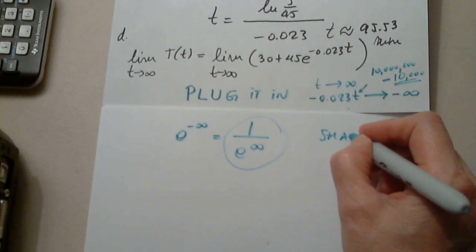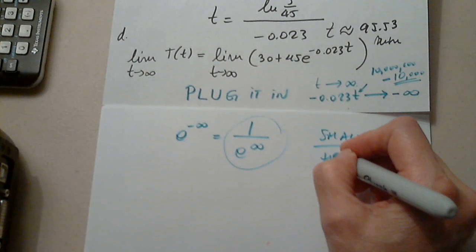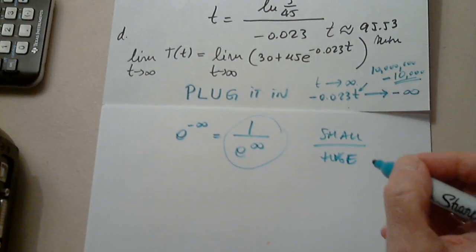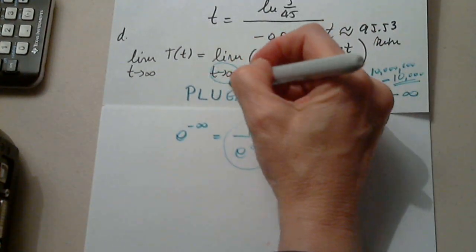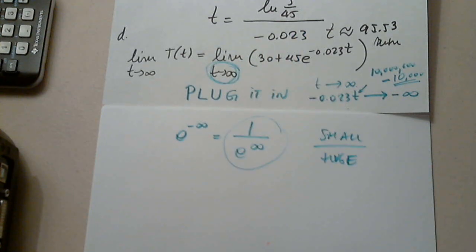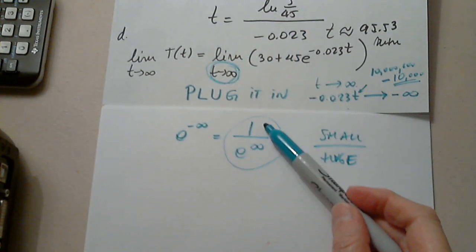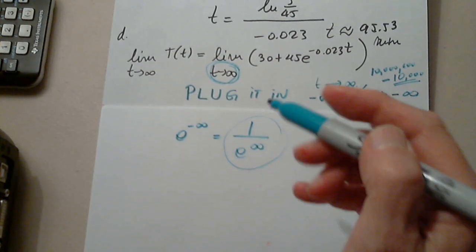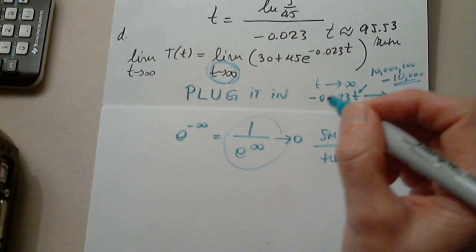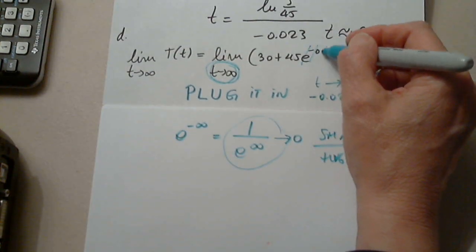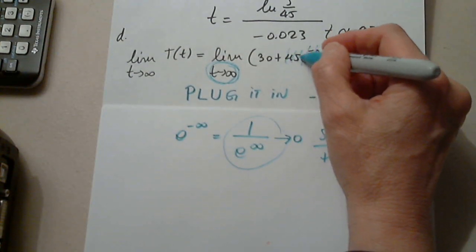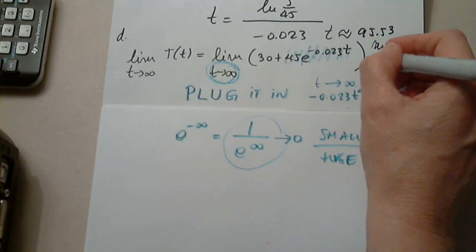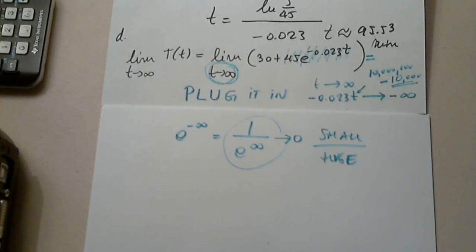What is small over huge approaching, in this situation, when t approaches infinity? 1 over huge. Now would it be 0? Yes, this will definitely approach 0. So if this approaches 0, this approaches 0, and then what is the limit then?